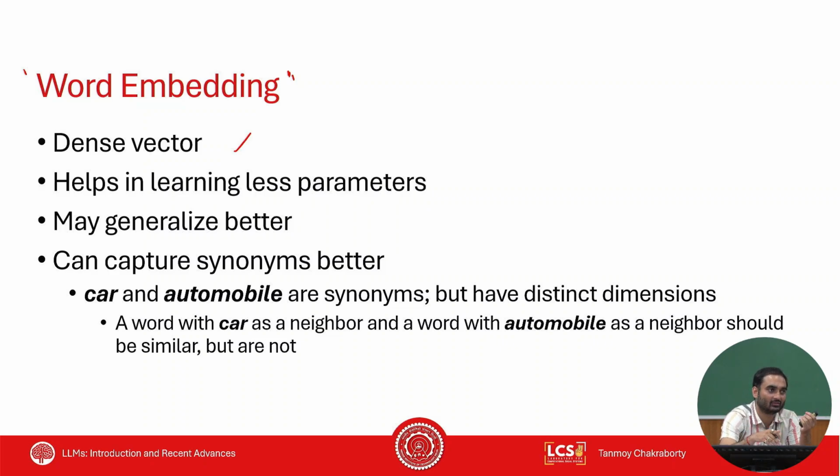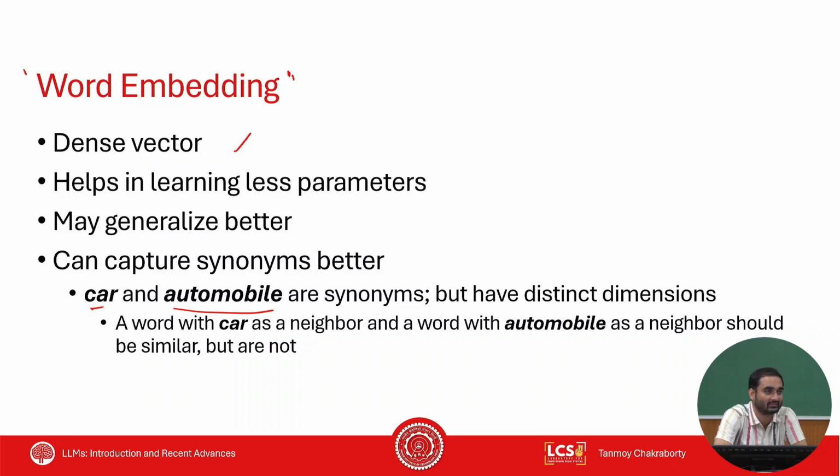The second advantage is that it will be more generalizable. The other good part is that words like car and automobile are synonymous, but traditional count based approaches or one-hot encoding approaches do not capture such synonymous words properly.